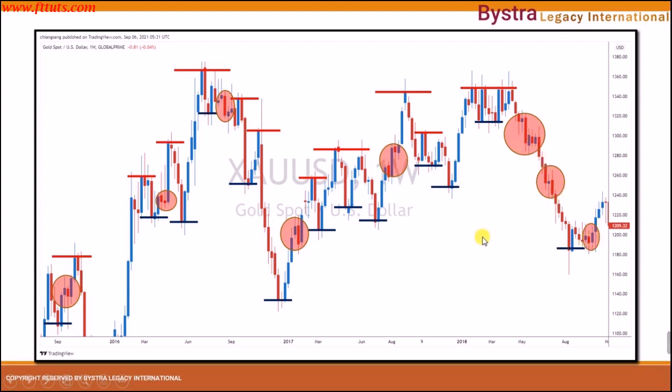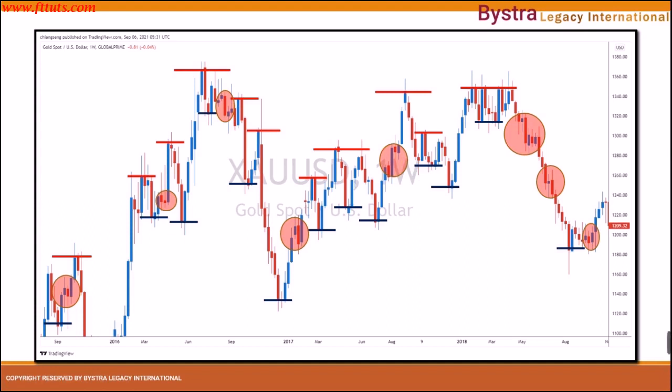So when you want to identify your support and resistance, make sure that it is not a base. Like this one, yes, you can consider this as a demand zone for the base. However, this is also our resistance area. So do not confuse drop base drop and rally base rally as your support and resistance. Just watch out.